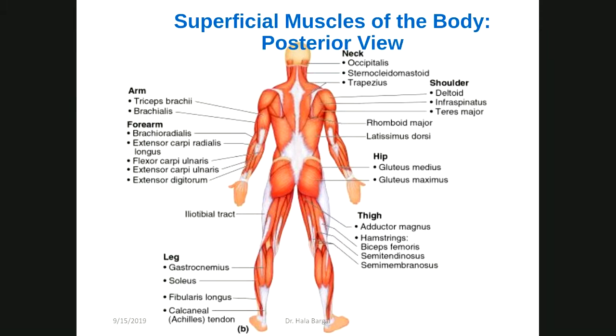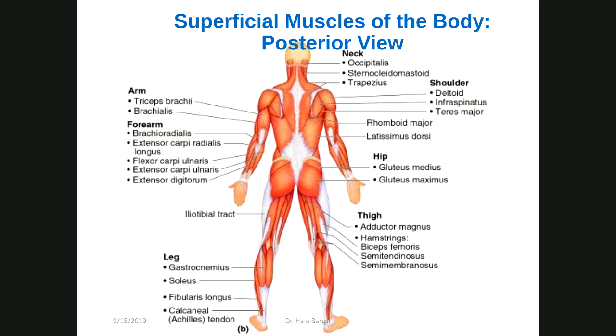Then adductor magnus, named after its action and size. The hamstring group, biceps femoris, the muscle of two heads located in the thigh. For example, we have flexor carpi ulnaris, named after its action and its anatomical position.